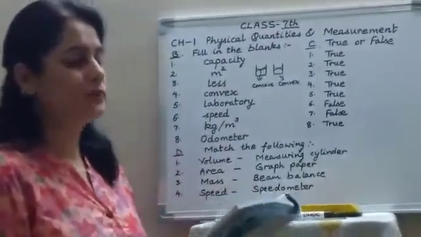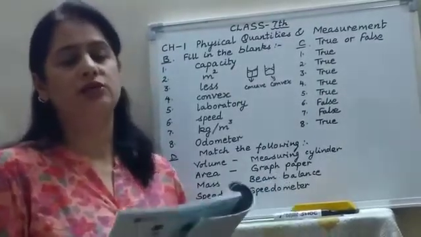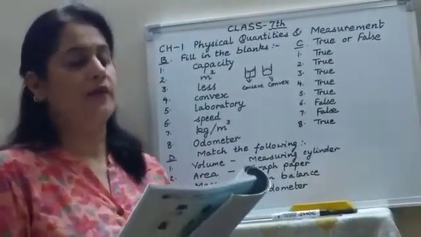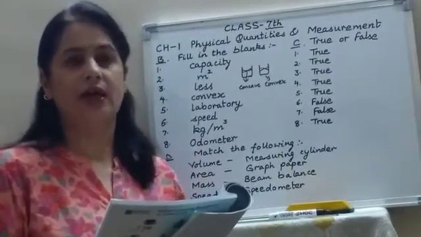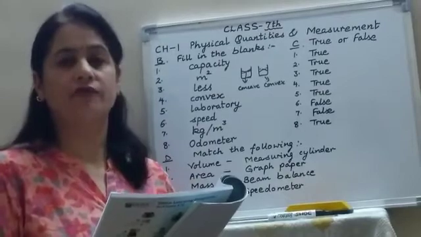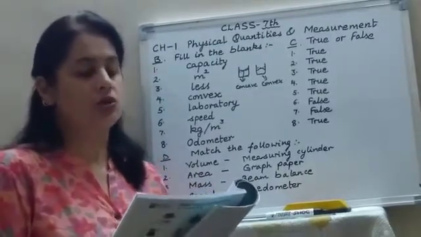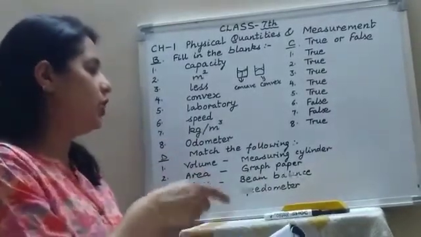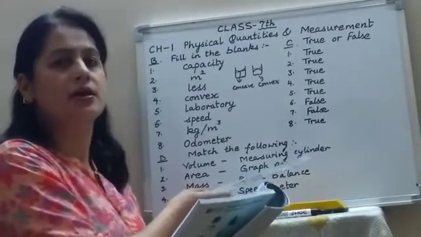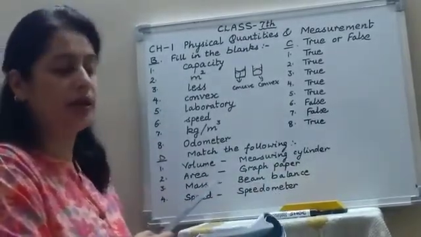Okay. Now moving over to the D question, match the following. On the left hand side they have given the physical quantity and on the right hand side the measuring device. You have to match the physical quantity with the measuring device. The physical quantity is volume. How will you measure the volume? By using a measuring cylinder. Next is area. How can you measure the area?